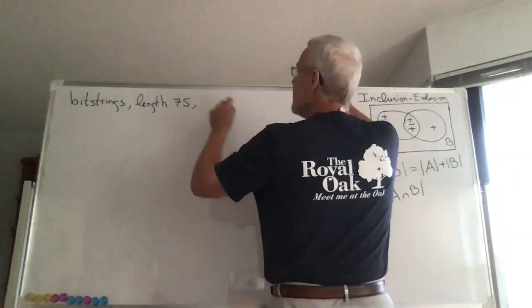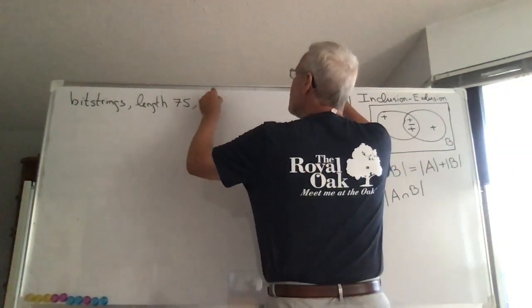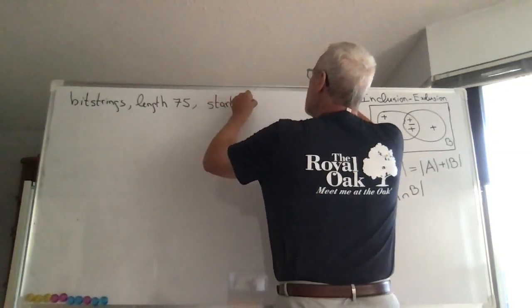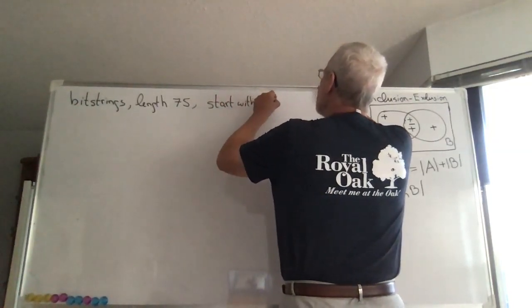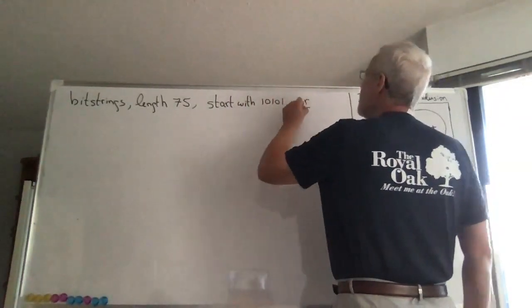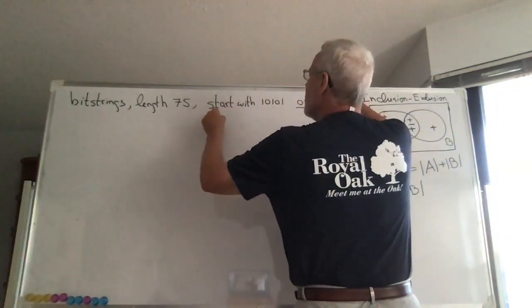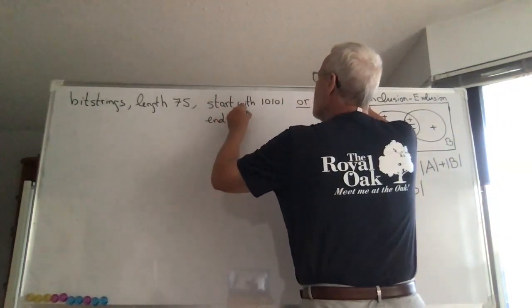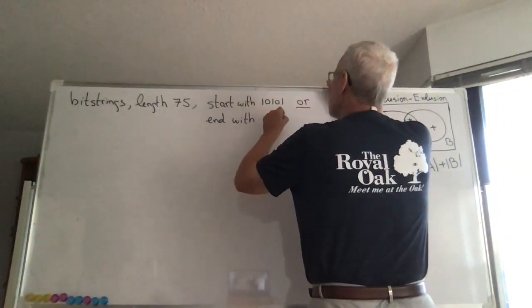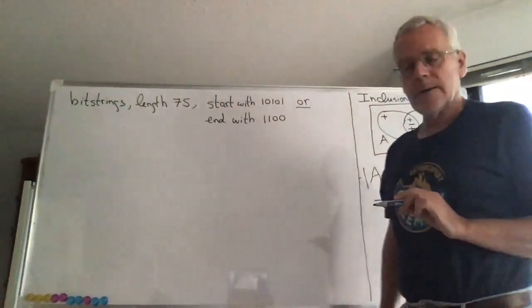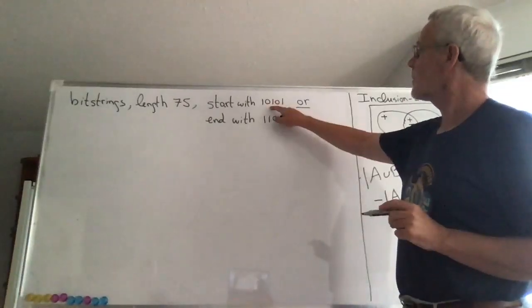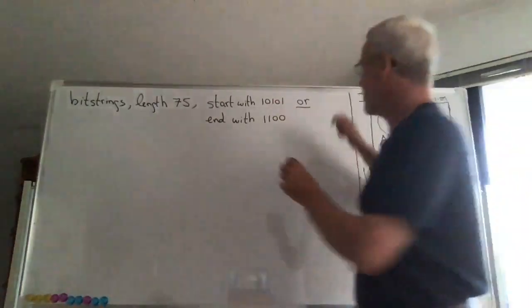And we want strings that start with 10101 or end with 1100. Okay, so we're asking how many bit strings are there. They start with this or end with this.